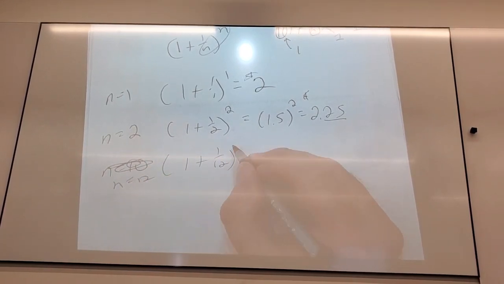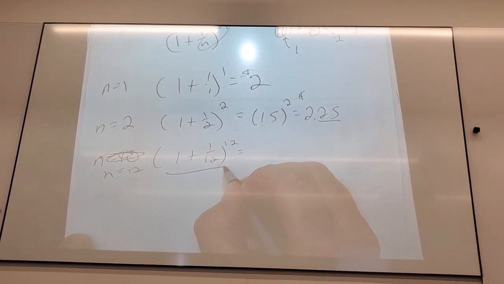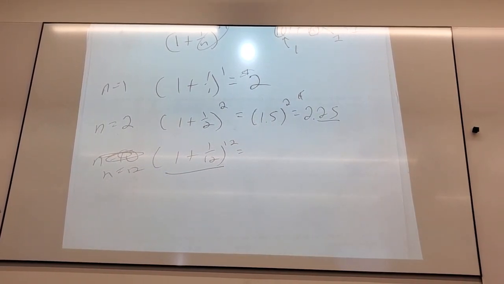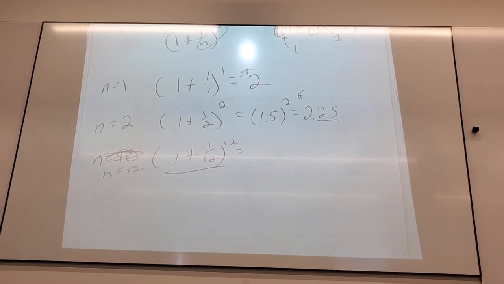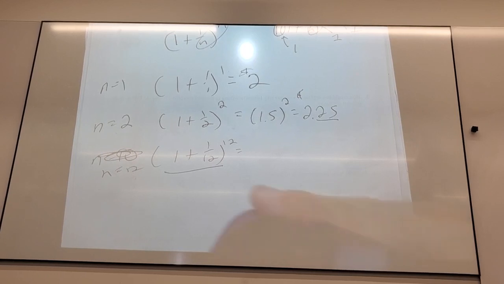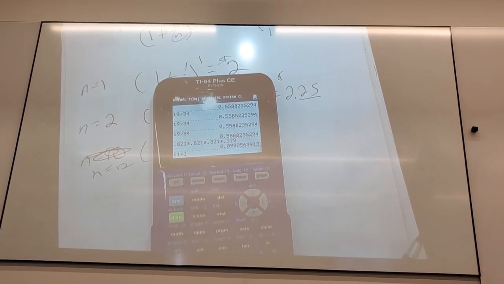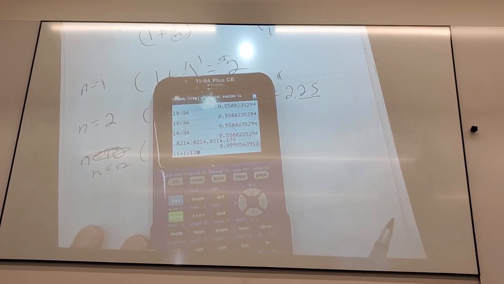Can somebody do this for me? In your calculator, put parentheses 1 plus 1/12, close parentheses to the 12th power. Let's see what we get. How you would put it in: 1 plus 1/12 to the 12th.